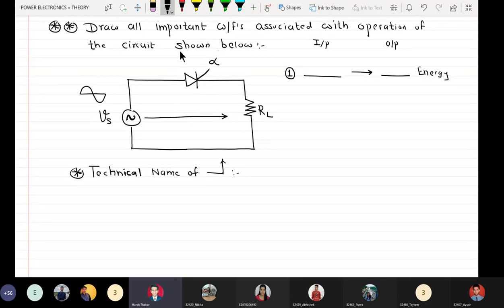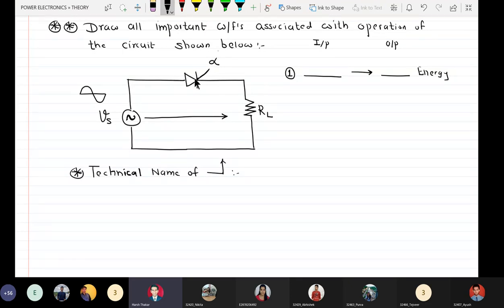That means there is a possibility of the SCR conducting only during the positive half cycle, and in that positive half cycle also, till the firing pulse is applied, the SCR will not conduct. That means from omega t equal to 0 to 2 pi, there will be two kinds of controls.